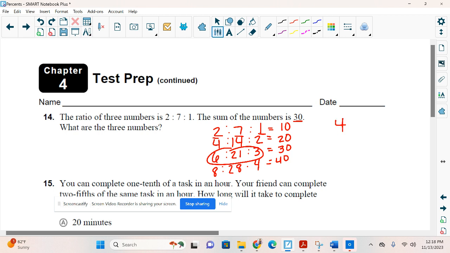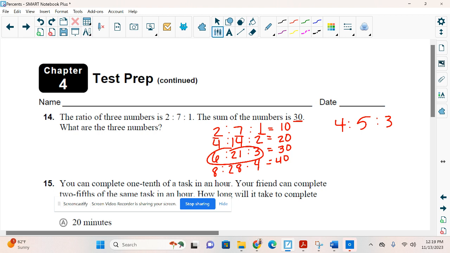If I gave you 4 to 5 to 3, and you wanted to get to a total of 48, how could you figure that out?